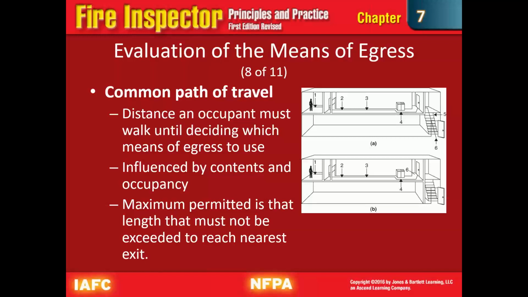But we need to evaluate what path they're going to take and how it's influenced by the contents in the building, how things are arranged. It could be a building feature. It could be machinery or things put in place. The maximum permitted path of travel is the length that must not be exceeded to reach the nearest exit.